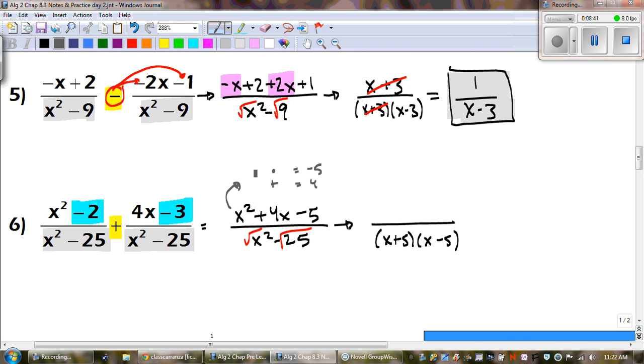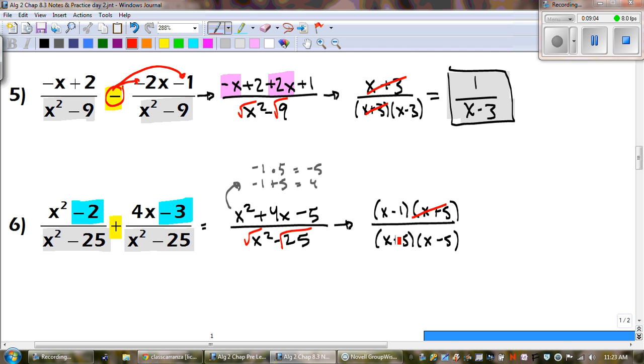Okay, and that's, what is it? Did you get 1 and 5? Good, that's what I got, except one of them's negative. Yeah, the 1 is. So that breaks down, since it's a leading coefficient of 1, to x minus 1 and x plus 5.